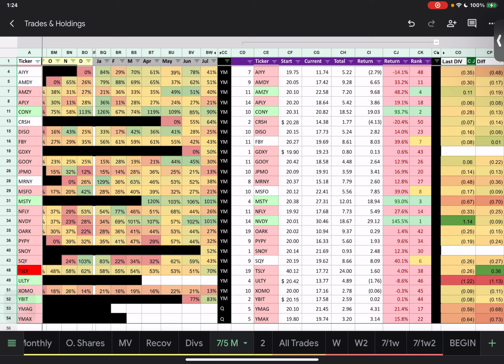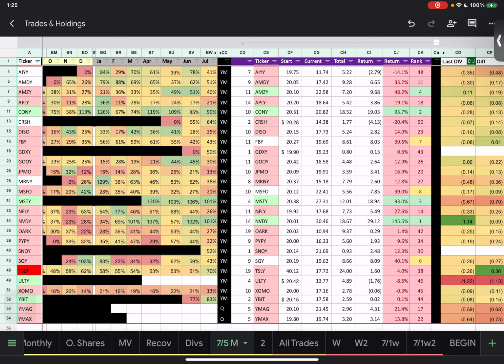So in the example of AIYY, we're looking at the average versus the current. The current one's 35 cents less than the average. So if we look down at the green one, NVIDIA, it's actually $1.14 more than the average. And then Ulti at the bottom, it says negative $1.22.